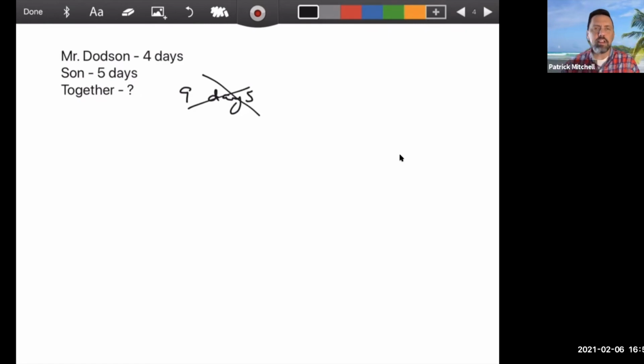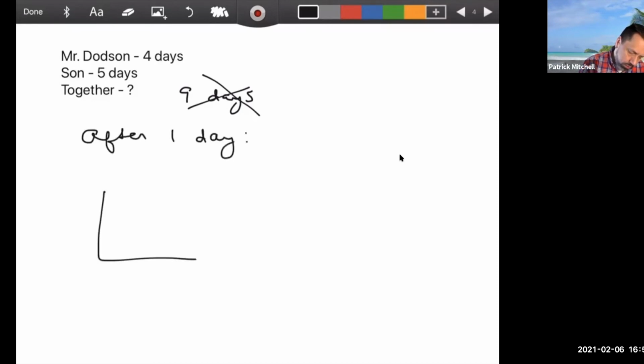All right, so here's the idea. And actually, once we figure out how to set these up, it's really easy to do any of these. So let's look at what it looks like after 1 day. Here is my house that I've probably drawn the same way since I was 5 years old.